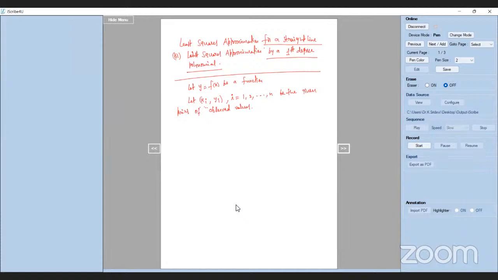So now here let f of x is equal to a plus bx. You know that this is a first degree polynomial, or we can say that this is a straight line.